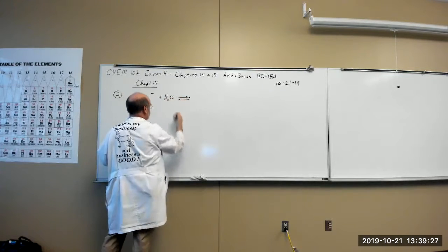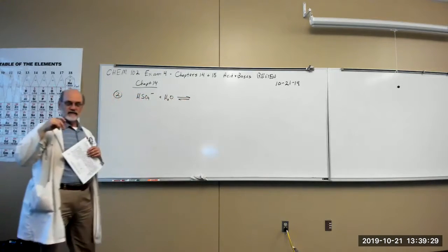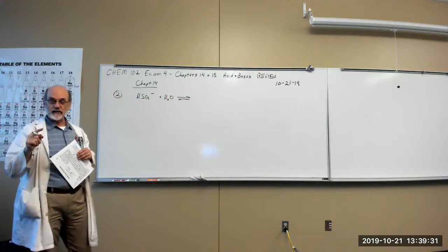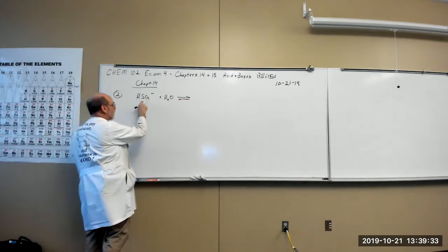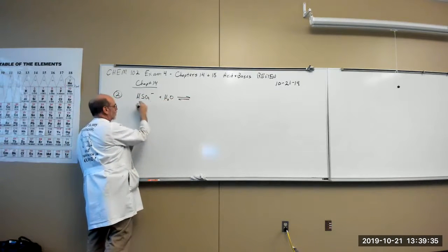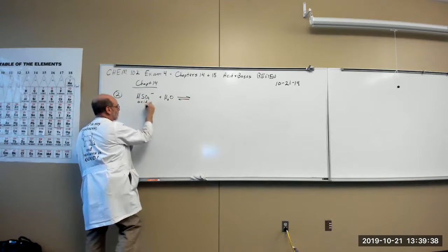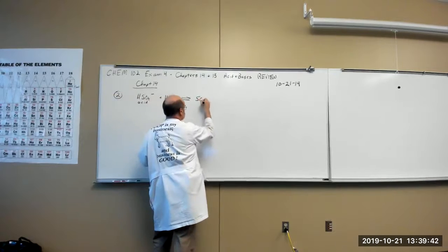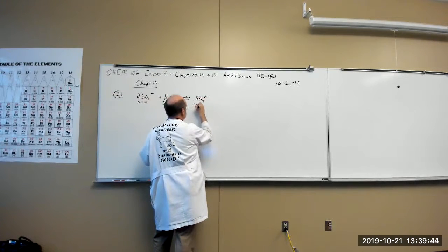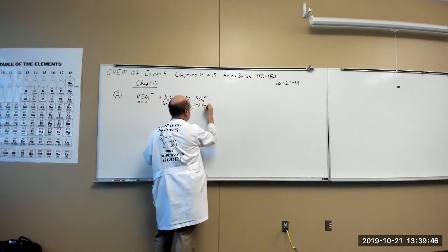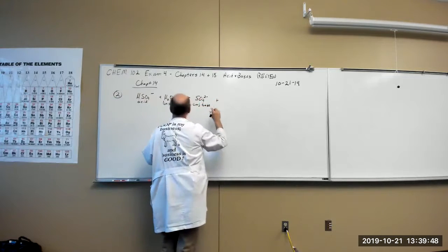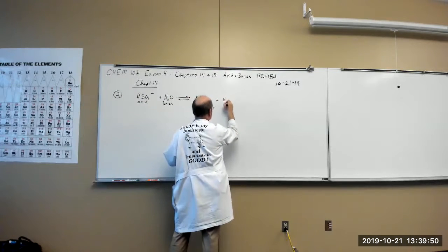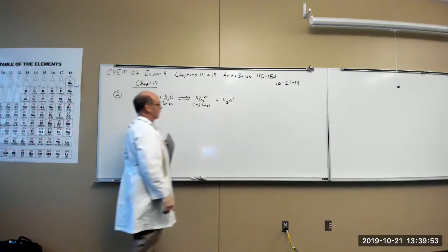So what does it take to be an acid? Bronsted-Lowry says you have to donate a proton. So this one has to donate a proton to that one. That makes this an acid. This is the base. This becomes the conjugate base of the bisulfate ion, and this is the conjugate acid. Right.